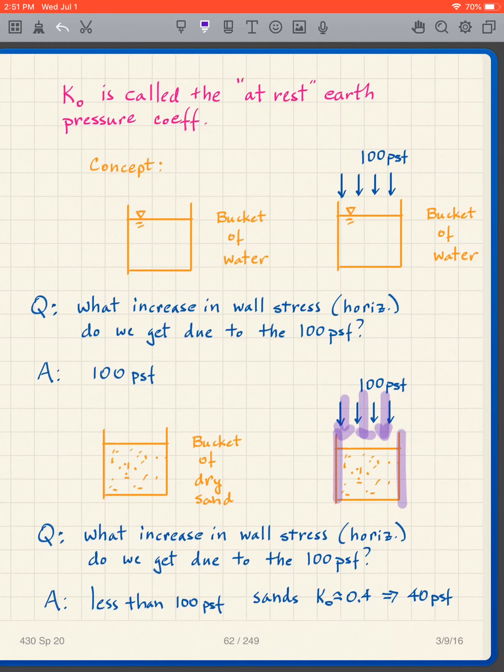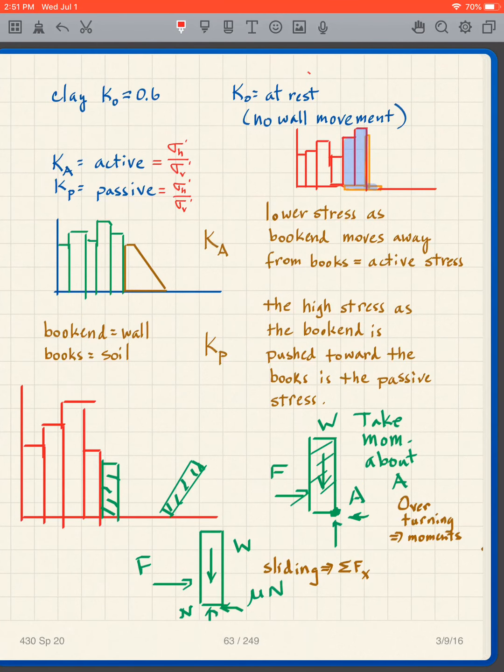In other words, I'm going to assume that this bucket is completely rigid, that there's no tendency for this bucket to get a little bit bigger here, to create a bigger bucket. So we have no wall movement, perfectly rigid walls. That is the meaning of the K0. That is the meaning, no wall movement. Okay.